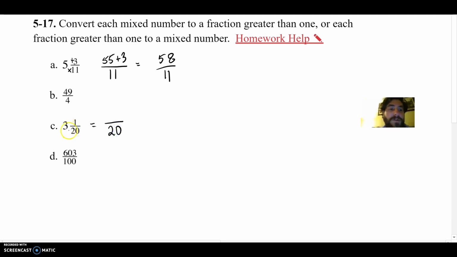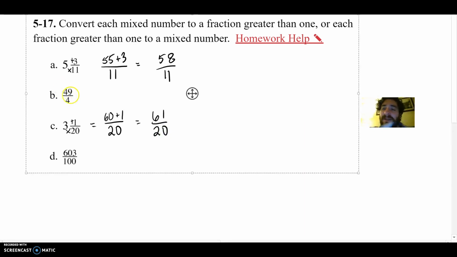Well, these 3 wholes, that's 3 times 20, gets me 60, right? 60 20ths is 3 wholes, plus the extra 1 20th is 61 20ths. So that's converting mixed numbers to fractions greater than 1.